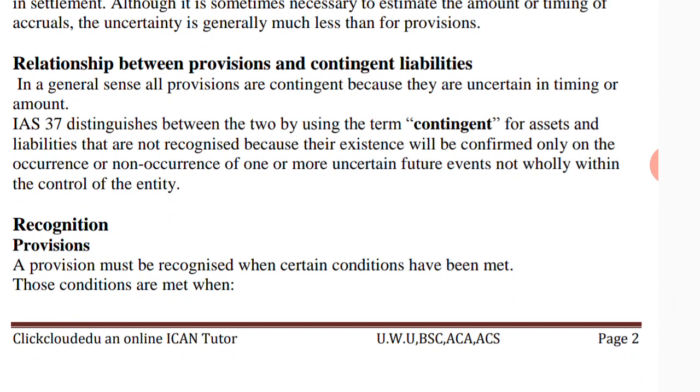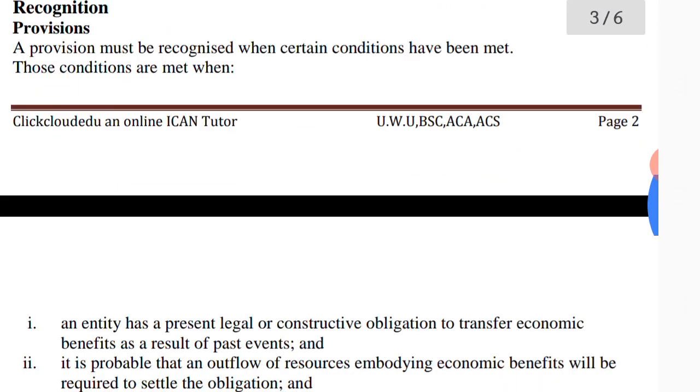That is why provision is different from contingent liability. Provision and liability are almost the same thing, but a provision is recognized in the financial statement, and its occurrence does not depend on a certain event. But a contingent item is either an asset or a liability whose existence depends on the occurrence or non-occurrence of a particular future event.